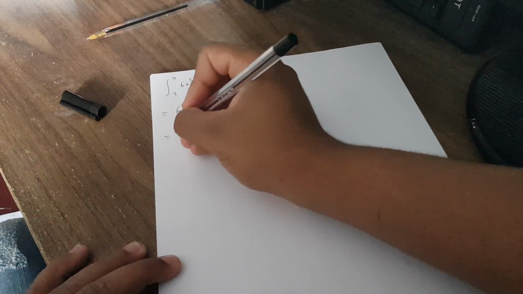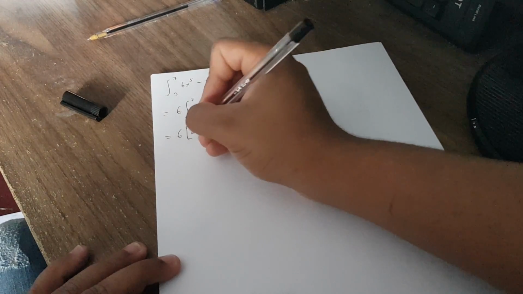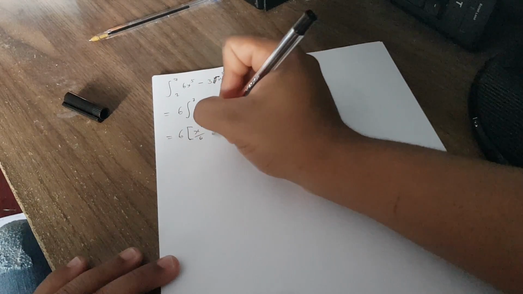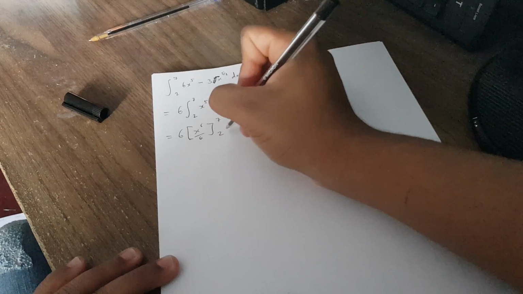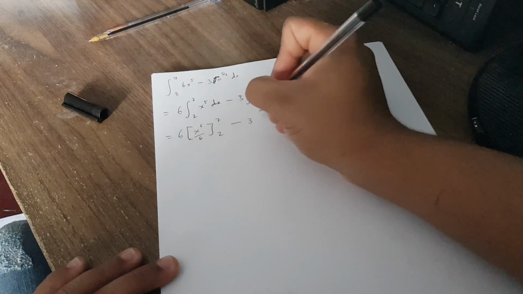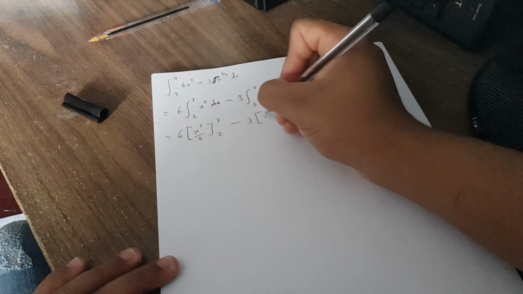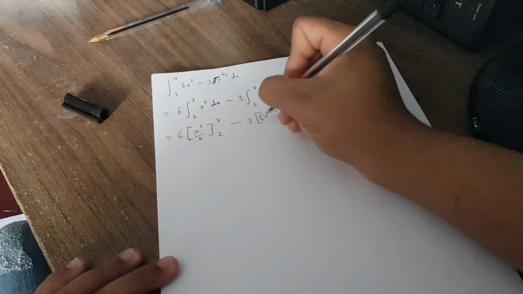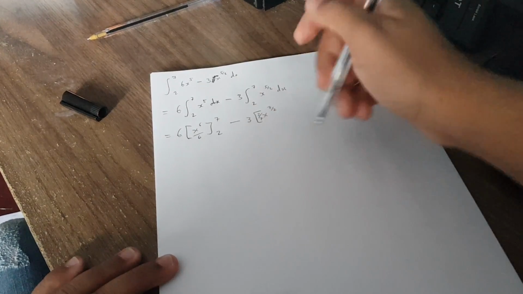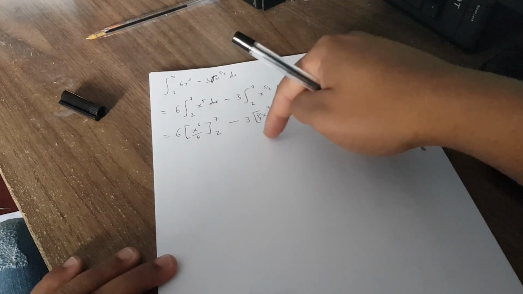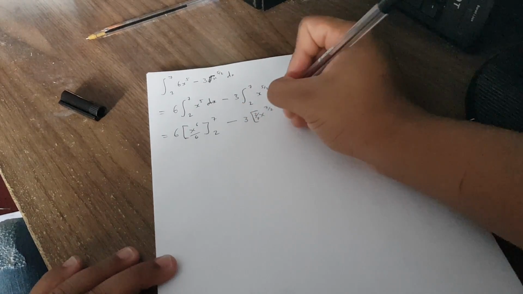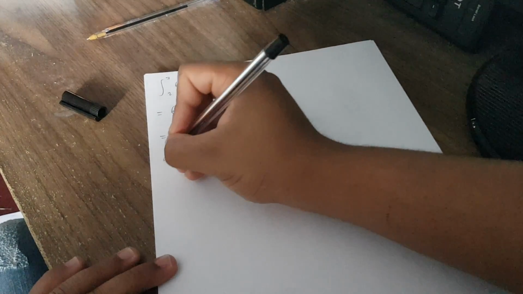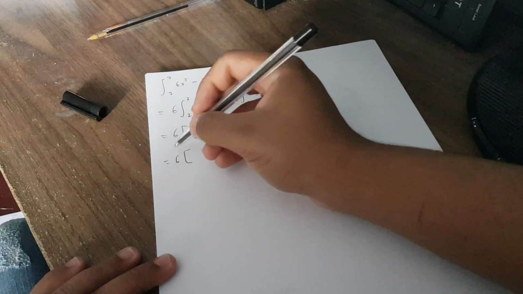Integrating this, in the square brackets we have x to the power of 6 over 6 between 7 and 2, minus 3 x to the 7 over 2, and that's 2/7, because we're dividing by 7 over 2, between 7 and 2.